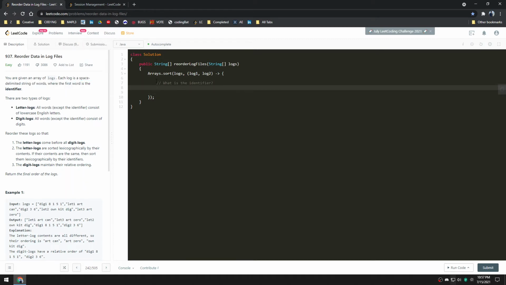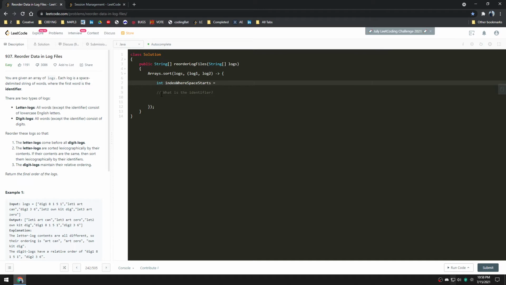If we first get some value, let's say index where space starts, that would be the index of our first space, meaning everything before that should be our identifier. If we get this index, we'll know where our identifier and the rest of our log starts.